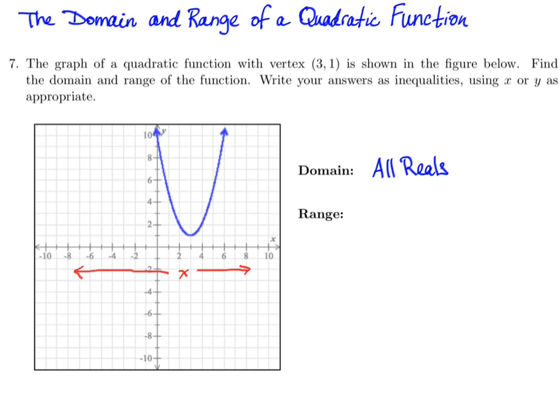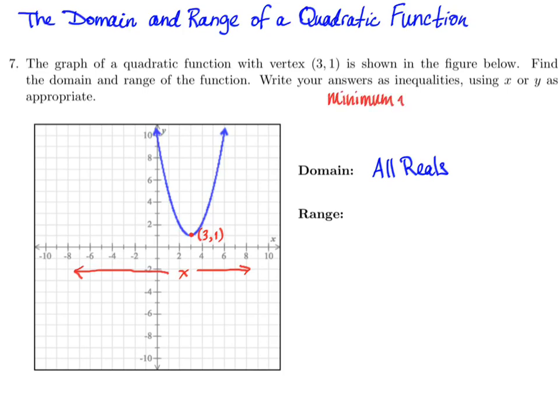Now remember, the range is the set of all possible y coordinates, or second coordinates, of all those points on that parabola. We see that there's a minimum point, a lowest point, called the vertex, and the coordinates are (3, 1). So the lowest y coordinate on that parabola is 1.